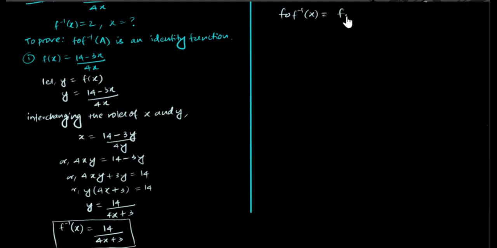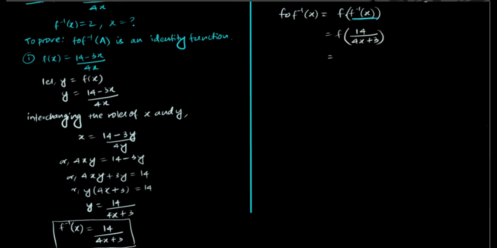This is f composite f inverse x, so I'm replacing this value f inverse x. Don't get confused by this f inverse x here; I'm replacing it with its value.